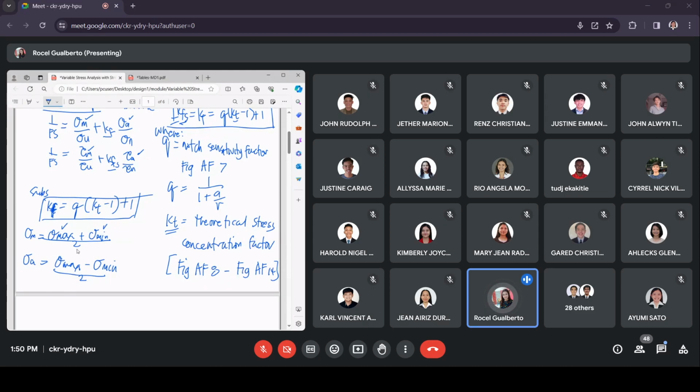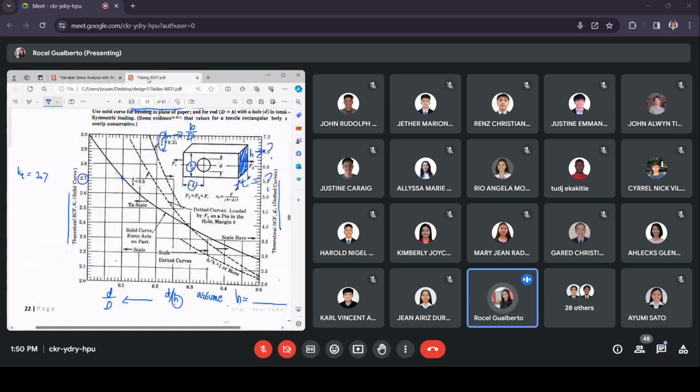So, where can you obtain the value of your sigma max and your sigma minimum? Saan po ba natin makukuha yung values po nung dalawa na yon? You can see that also on our design tables. So, you look for the equation of sigma. Ito po, nakita niyo po ba?